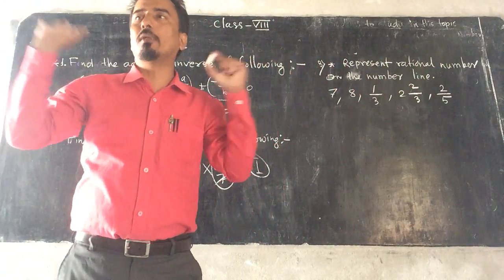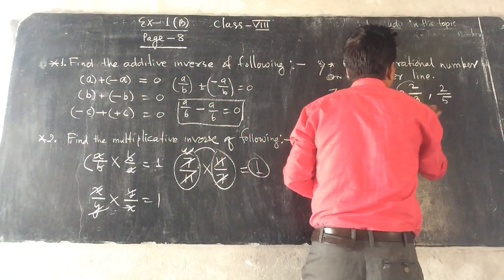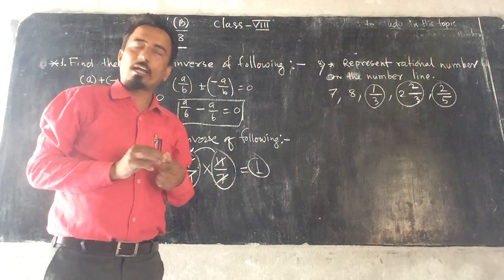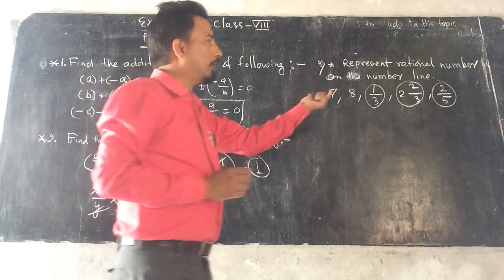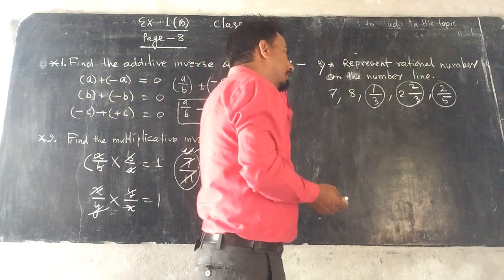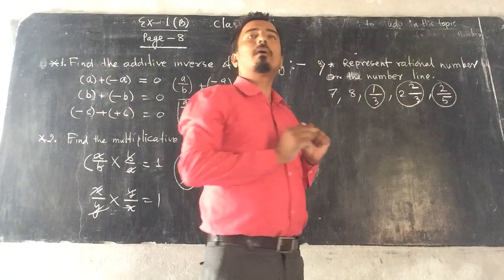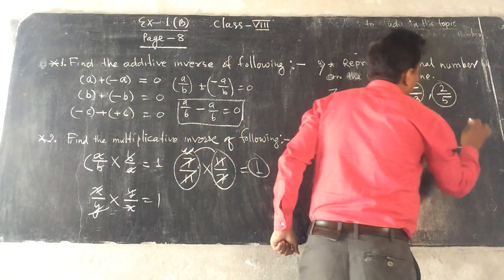It is very simple, but in the case of fractions you may have a bit of a problem. Whole numbers are very simple. What will you do to represent any rational number on a number line? First you take one line.